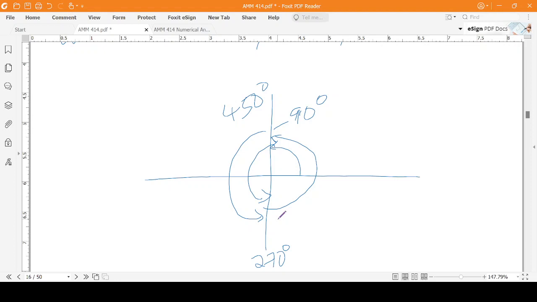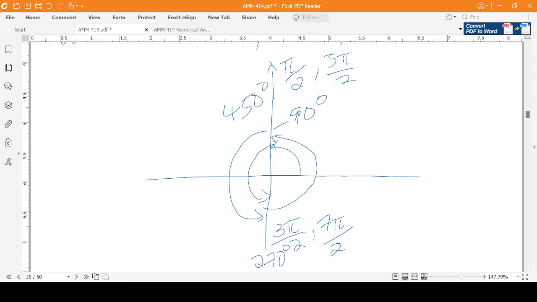So we are going to use radians. Normally we use radians. So along this we shall be talking of pi over 2. Then here there will be 3 pi over 2. Then the next one will be 5 pi over 2 and 7 pi over 2 and so on.